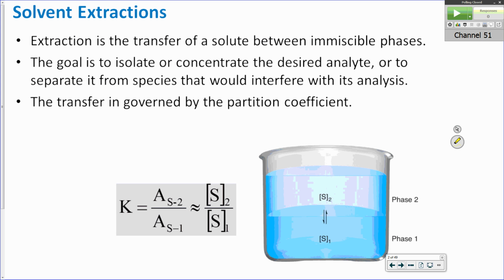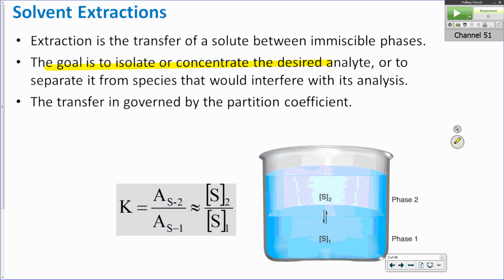So the first thing we're going to talk about are solvent extractions. Solvent extractions where you have two immiscible phases and you have a solute that distributes, or partitions, between those two phases. And the goal for doing these is to isolate or to concentrate a particular species that we're wanting to analyze. You did these as an isolation step to purify your unknowns in organic.